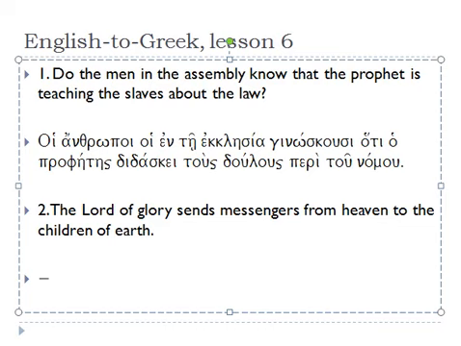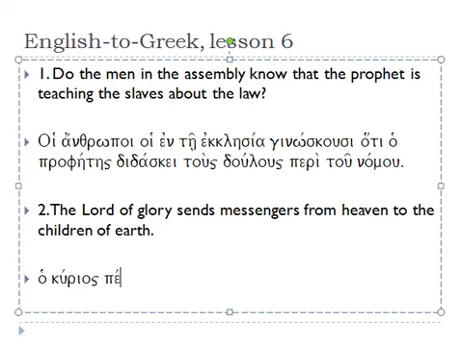The Lord of glory sends messengers. The Lord sends messengers. Lord is the subject, sends is the verb, third singular, messengers is the object. So, ho kyrios. The Lord sends messengers. Pempo means I send.